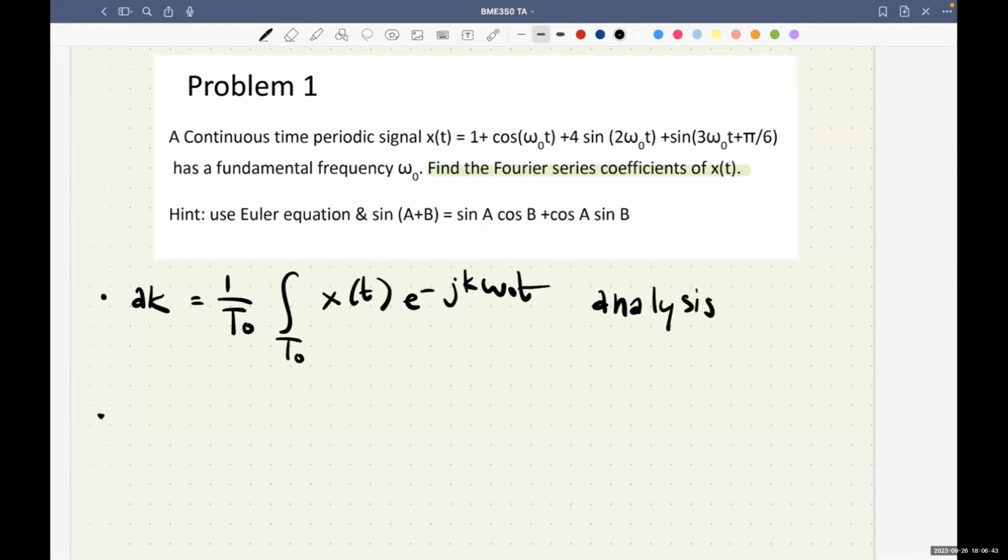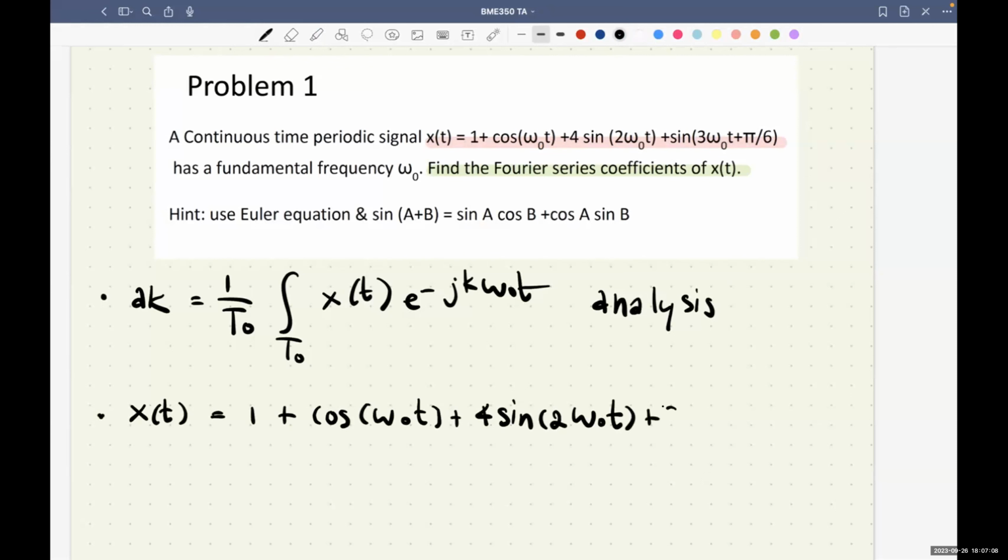So let's start with decomposing our signal here. The signal that we were given, x(t) equals 1 plus cosine omega naught t plus 4 sine 2 omega naught t plus sine 3 omega naught t plus pi over 6.